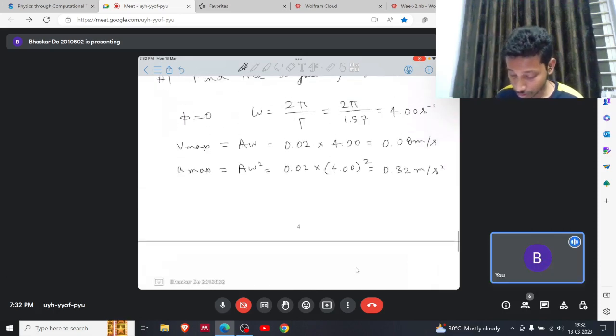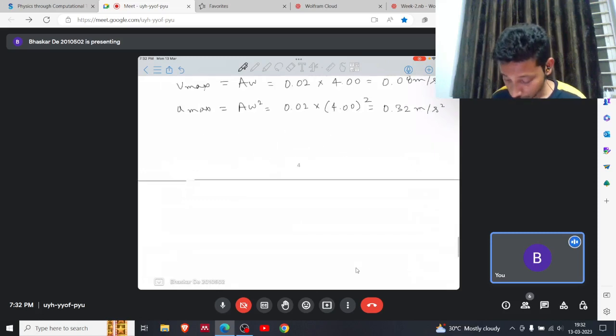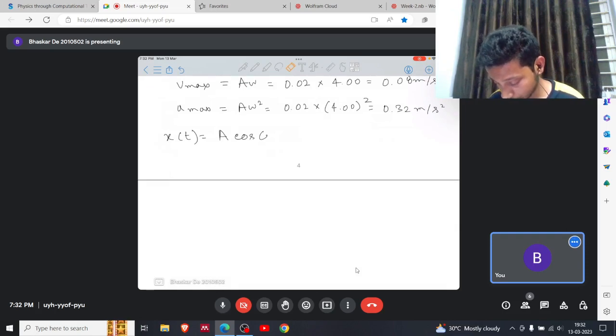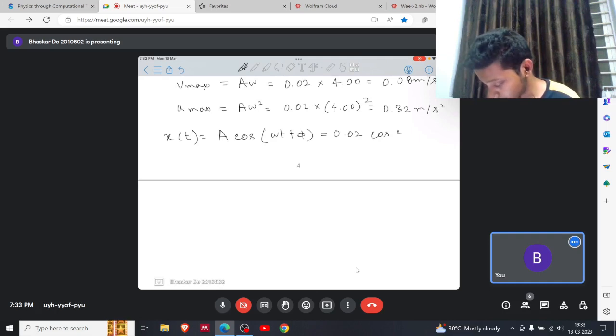Now we have all these things: omega, A, omega squared. Now we just need to fill in the equation of motion. So x(t) equals A cos(omega t plus phi), which equals 0.02 cos(4t).